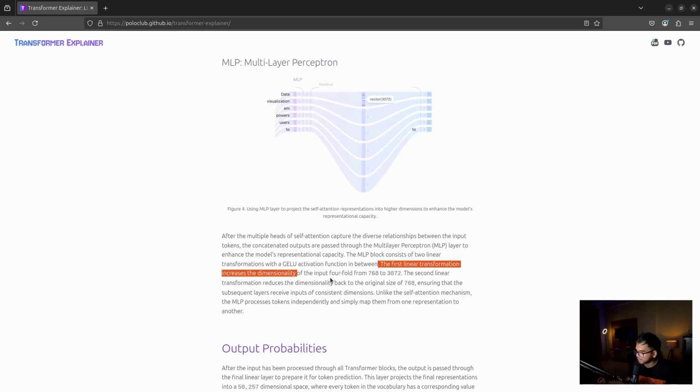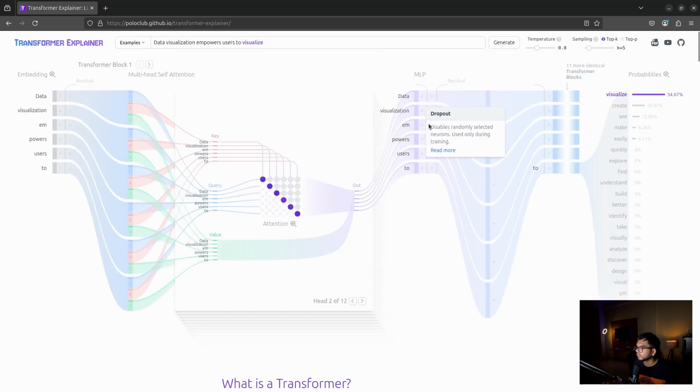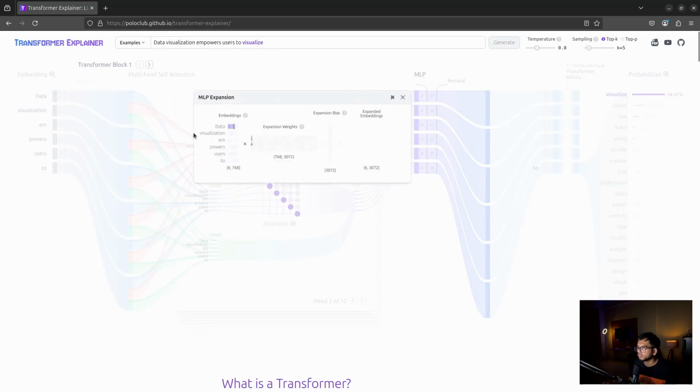This increases the dimensionality and then decreases it again to the original size, which is 768. So we get 6 into 768.